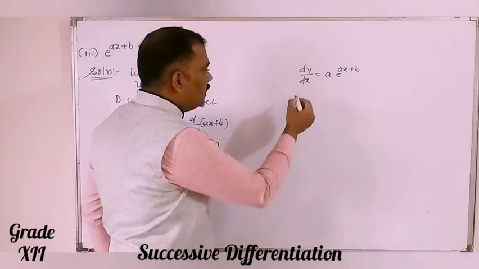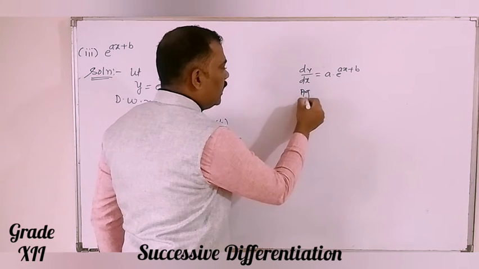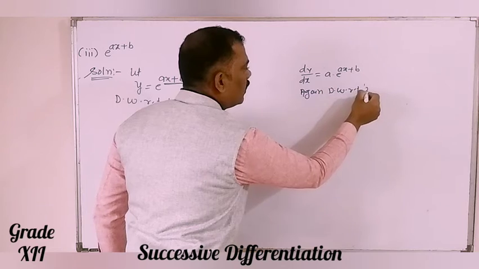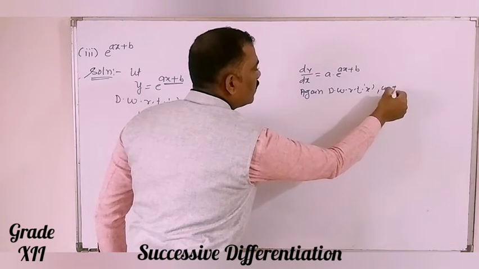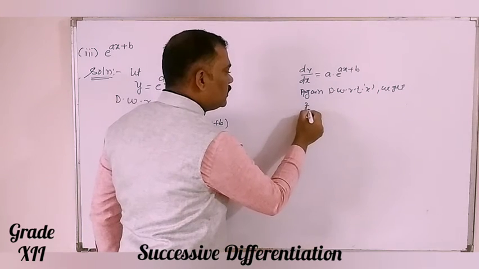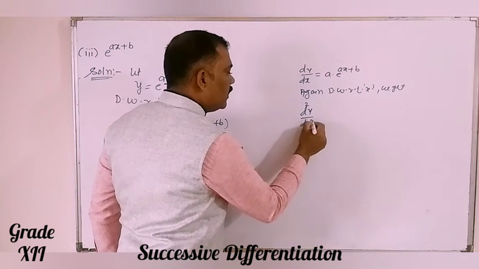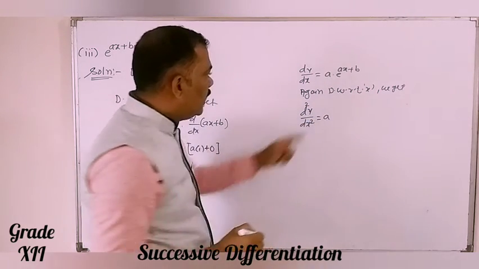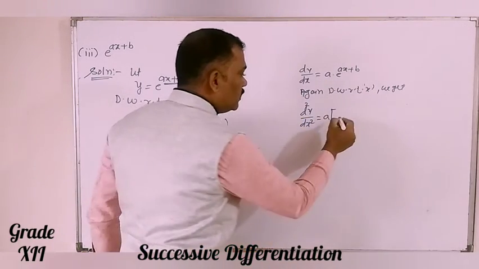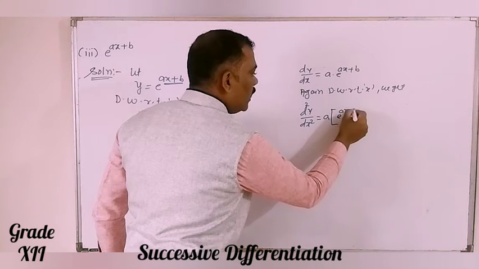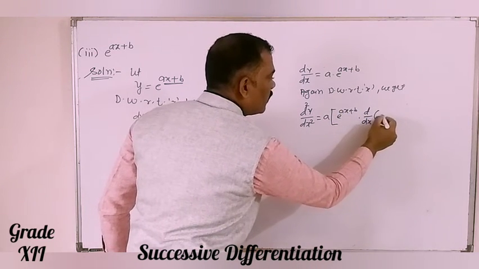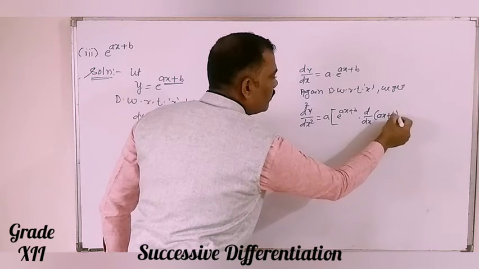Again we have to differentiate this with respect to x. That is the second order derivative, d2y by dx square, equal to a into: again we keep the finger on e, that is, we use the formula of e raised to x. The derivative is e raised to ax plus b into d dx of ax plus b.